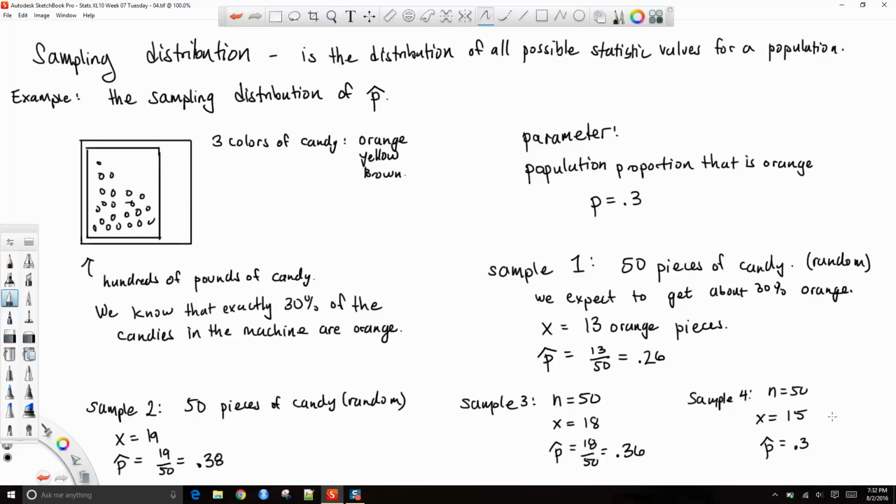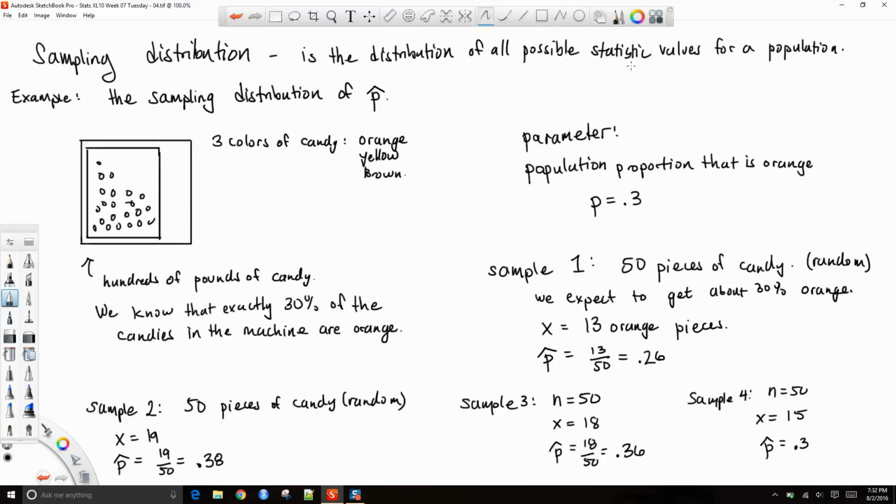And when we look at that resulting distribution of p hat values, that is our sampling distribution. It's the distribution of all the possible statistic values, meaning all the different p hats that we can get for this population. Does that kind of make sense?